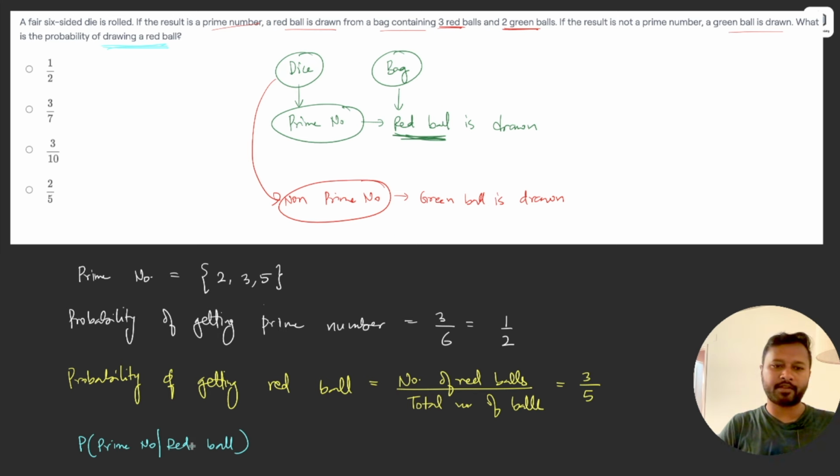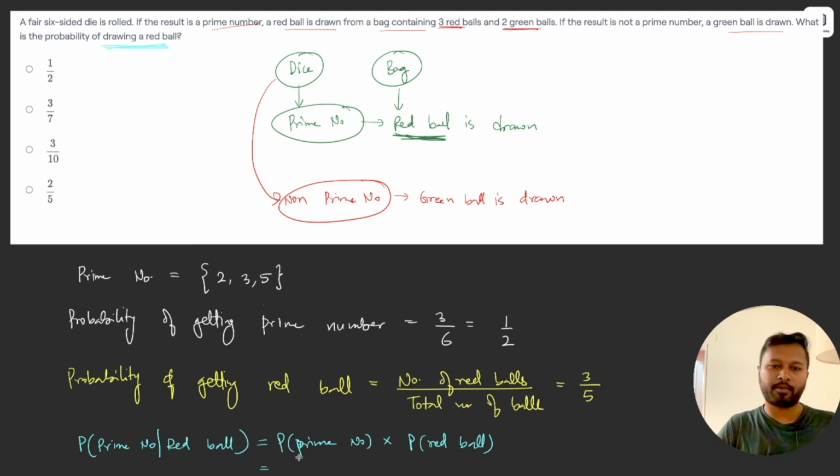You only have to discuss what is the probability of getting a red ball, and the red ball you will only take when the prime number comes in. So in these cases, when the conditional probability is there, when an event depends on the other event, you multiply their probabilities. So probability of prime number multiplied by probability of red ball, that should give you the answer.